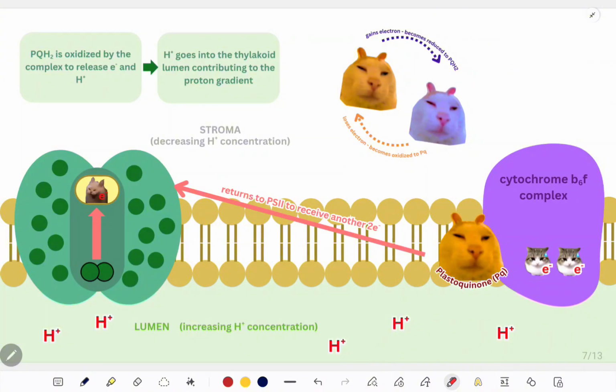Once plastoquinol gives up its electrons to the cytochrome B6F complex, it is oxidized back into plastoquinone, and plastoquinone shuttles back to photosystem 2 to receive another pair of electrons.